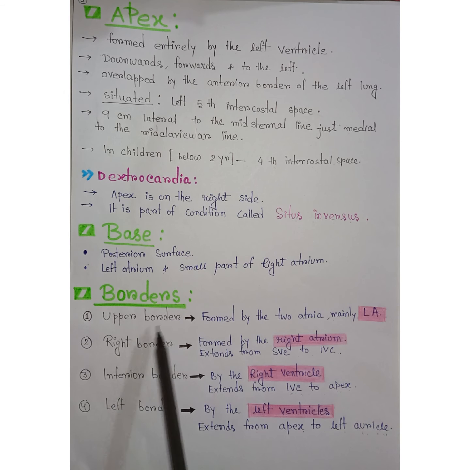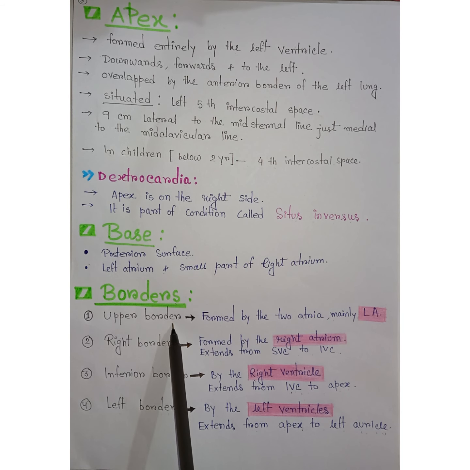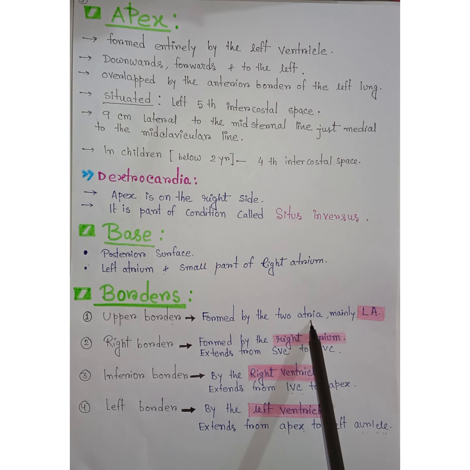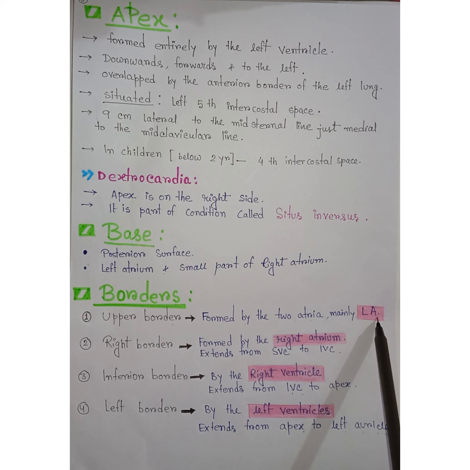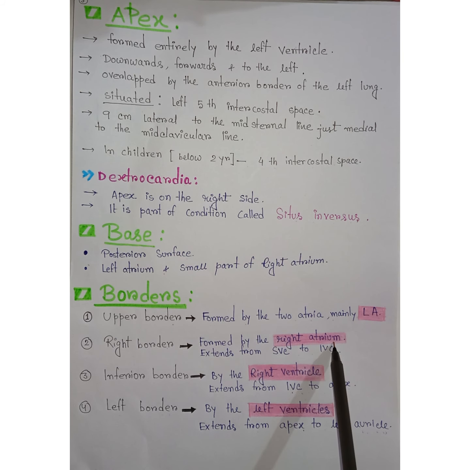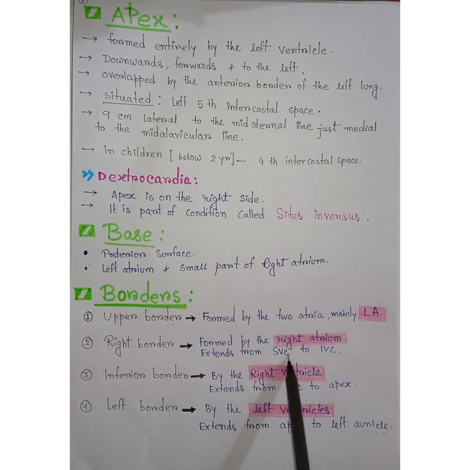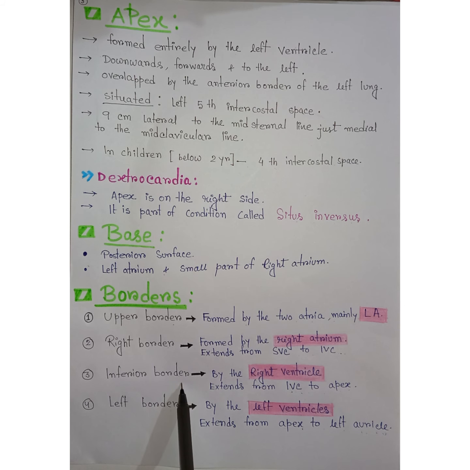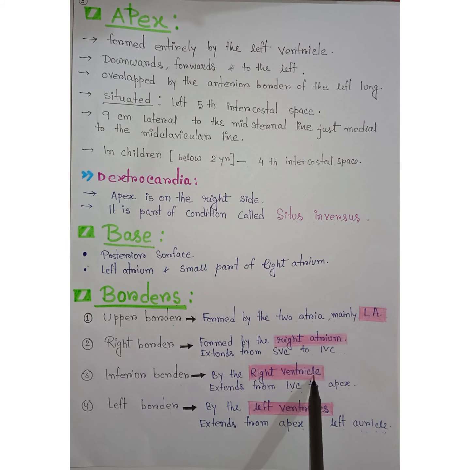Borders of the heart. Upper border: the upper border is slightly oblique and is formed by the two atria, mainly the left atrium. The right border is more or less vertical and is formed by the right atrium, extending from the superior vena cava to the inferior vena cava. Inferior border: nearly horizontal and formed mainly by the right ventricle.